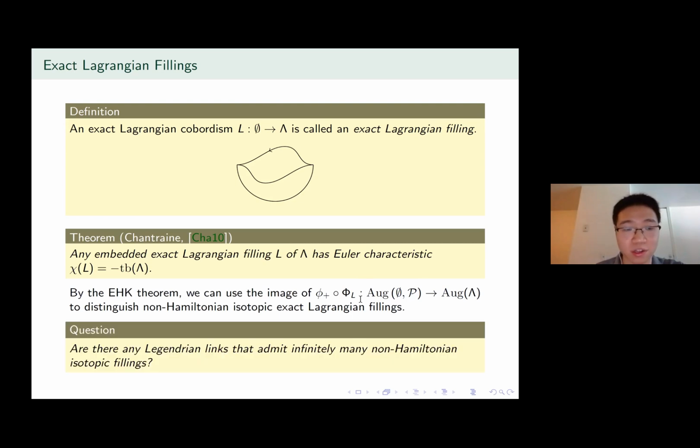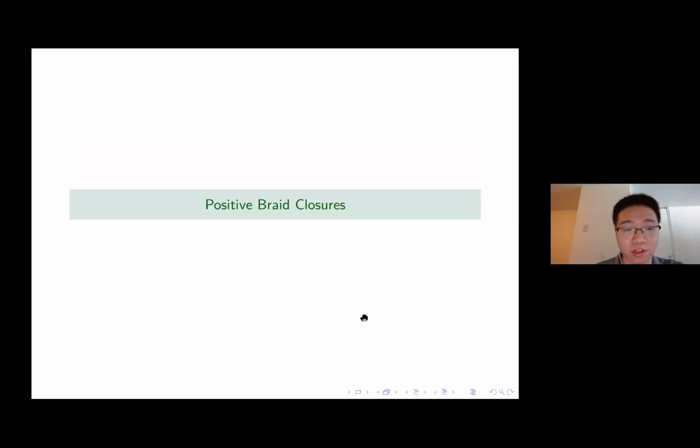So the question is, are there any such links? This is a question that has been posed long ago, and we have an answer in our project using cluster theory. So now let's move on to positive braid closures.